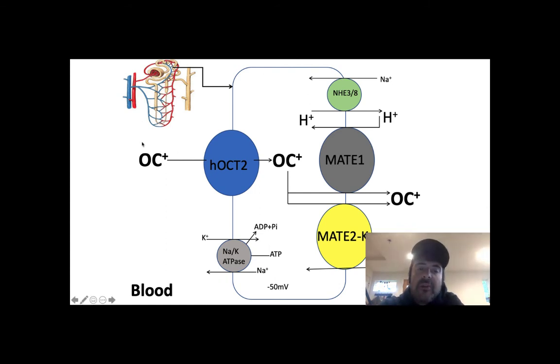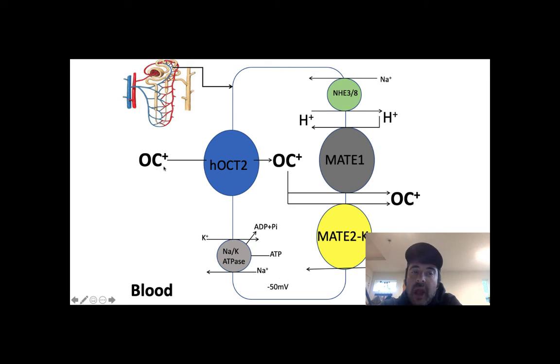So you can think of this as being like a medication or maybe even a toxin. Now, because the body wants to get rid of that organic cation, it wants to move it from the blood into the actual lumen of the tubule so it can be swept in the filtrate and ultimately eliminated in the urine. In other words, whatever we move over from here in the blood to the lumen is ultimately going to be eliminated in the urine.